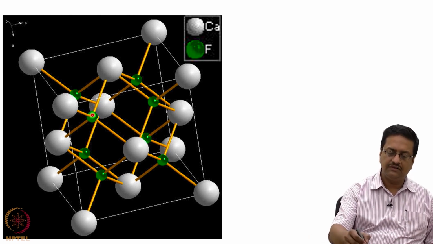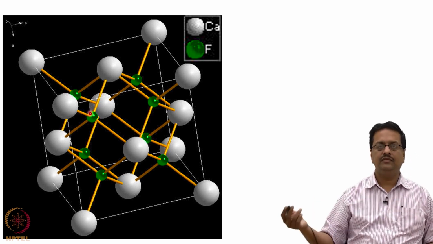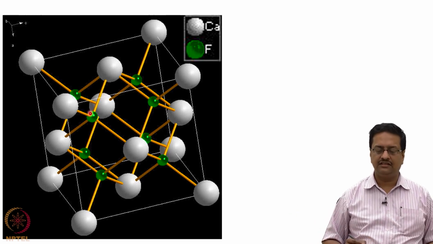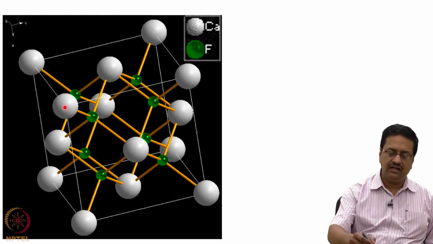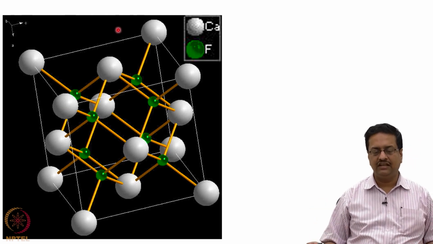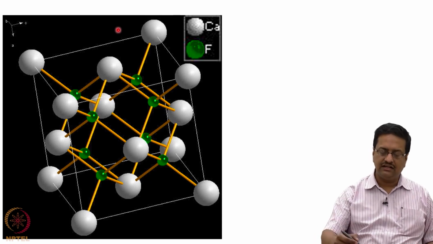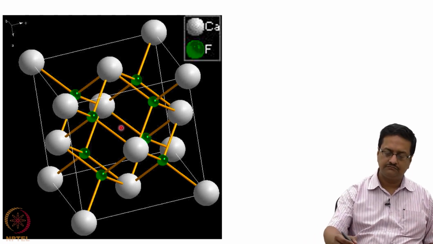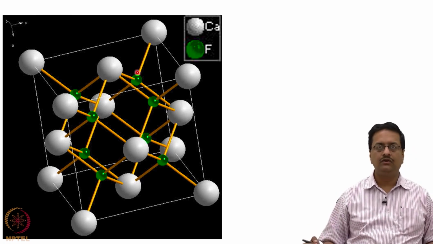occupied by fluoride ions. If you remember the zinc blende structure, where we had sulfide ions at all the face center positions, that means 8 corners and 6 face center positions, and we had zinc ion at every alternate tetrahedral hole.